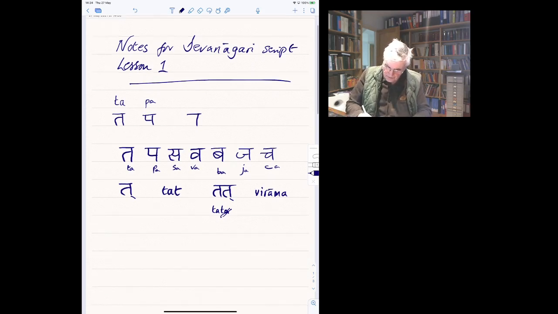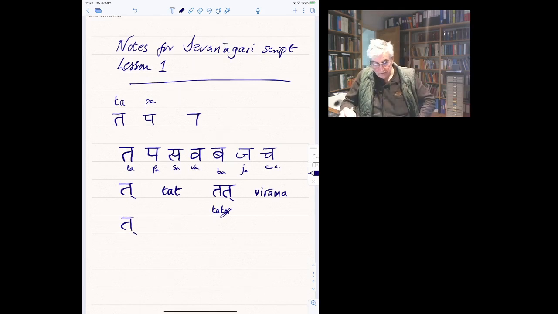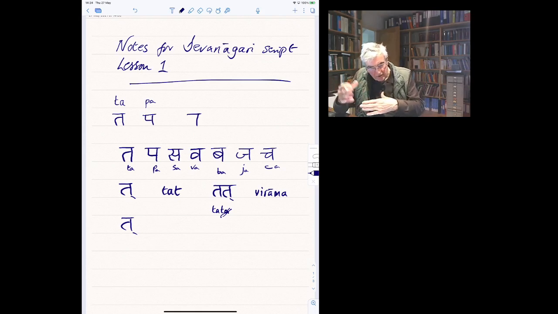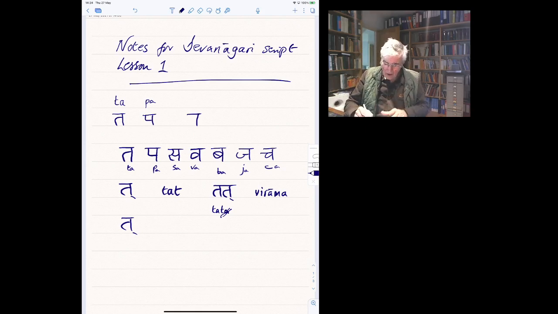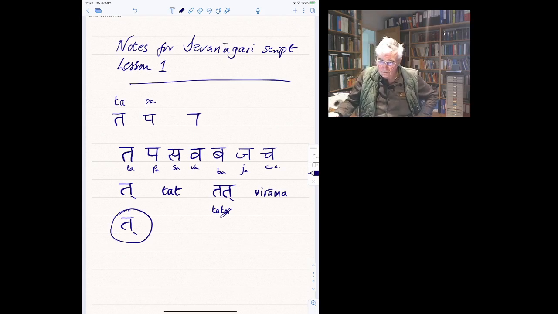A letter with the virama like this is written only at the end of a word, but then I add very importantly that since most words are joined to each other until you get to the end of a word group, say the end of a line of verse or the end of a sentence, only then would you normally see a letter written like that. Let me give you an example.